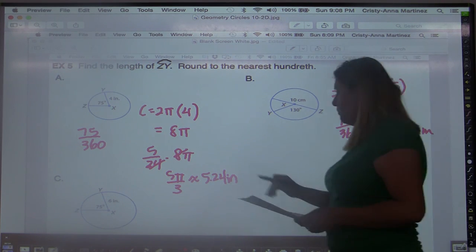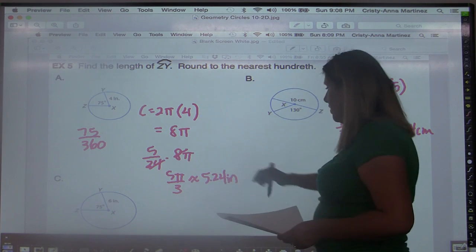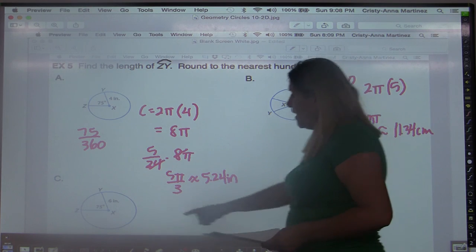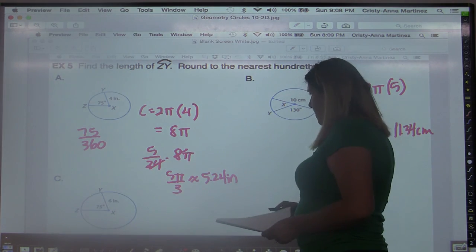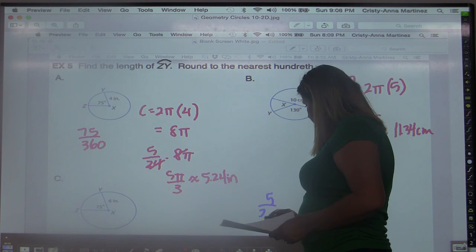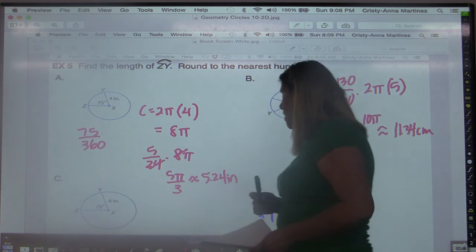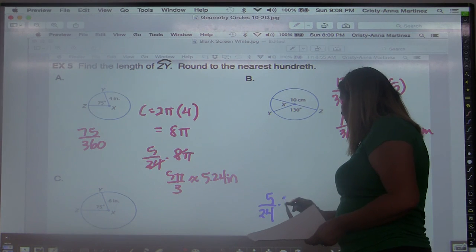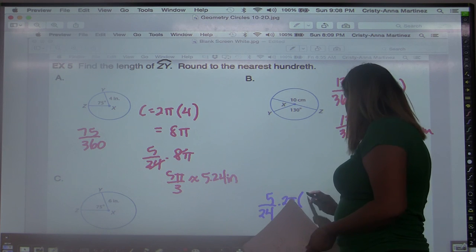And then lastly, for part C, we'll come over here in different colors so we're not confusing with what's already there. But again, you have the same angle measure that you had in part A. So it's going to be 5 over 24 as well. Remember that the 75 over 360 reduced to 5 over 24. But this time we're multiplying it by 2 pi r, and in this case the radius is 6 inches.